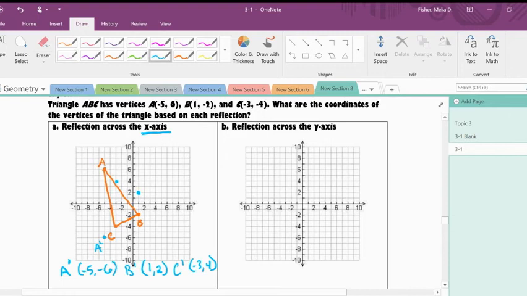And your shapes should look like that. On the second one, we still have A graphed at -5, 6, and B at 1, -2, and C at -3, -4.